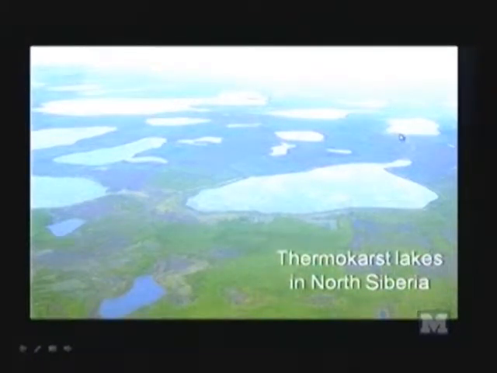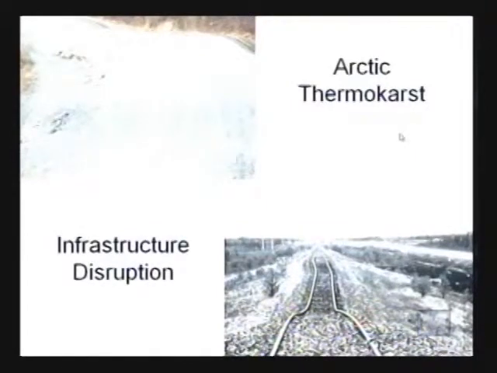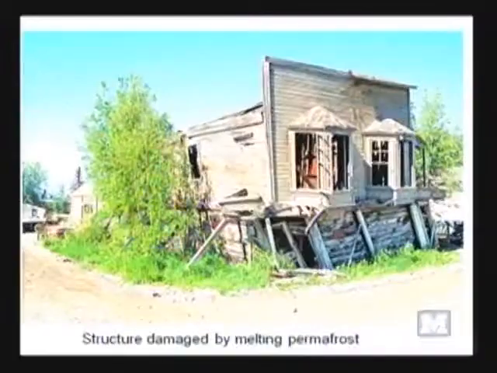Well, this destabilization of the land surface has important consequences for terrain that has succumbed to the thawing of the permafrost. Here's a couple of examples of the infrastructure disruption that can happen as the volume of the terrain changes as the H2O goes from solid to liquid. I'm going to run through a number of pictures here that show examples of this in other settings.